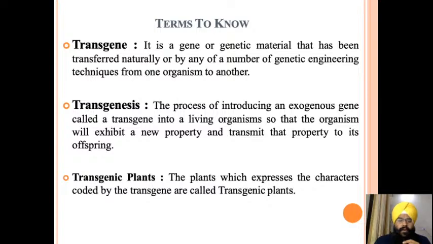It is the process of introducing an exogenous gene, called a transgene, into a living organism so that the organism will exhibit a new property and transmit it to its offspring. The plants which express the characteristics coded by the transgene are called transgenic plants.